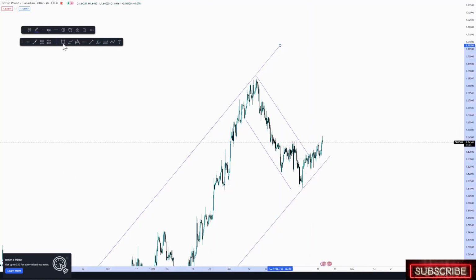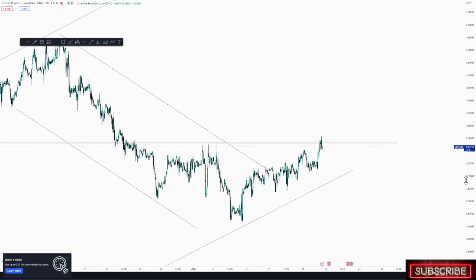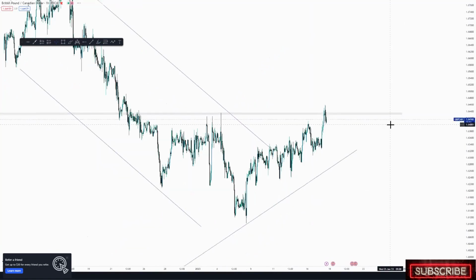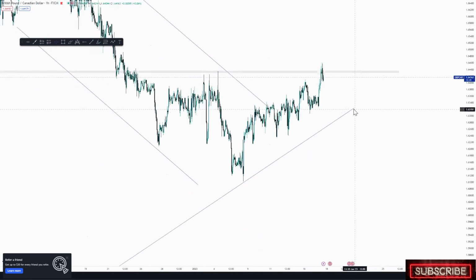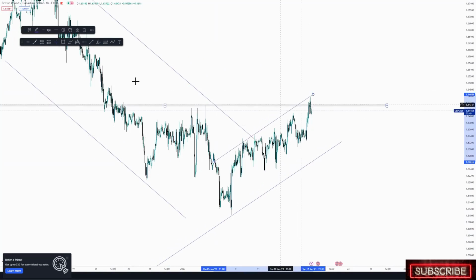So you can see that we kind of have a level over there that I'm going to highlight like that. So we're just going to go to the 1-hour time frame to see how we can get involved here, right? Now that we understand that we have this supporting trend line from the daily time frame, you would also notice that we have this corrective structure that we also have to respect, right?